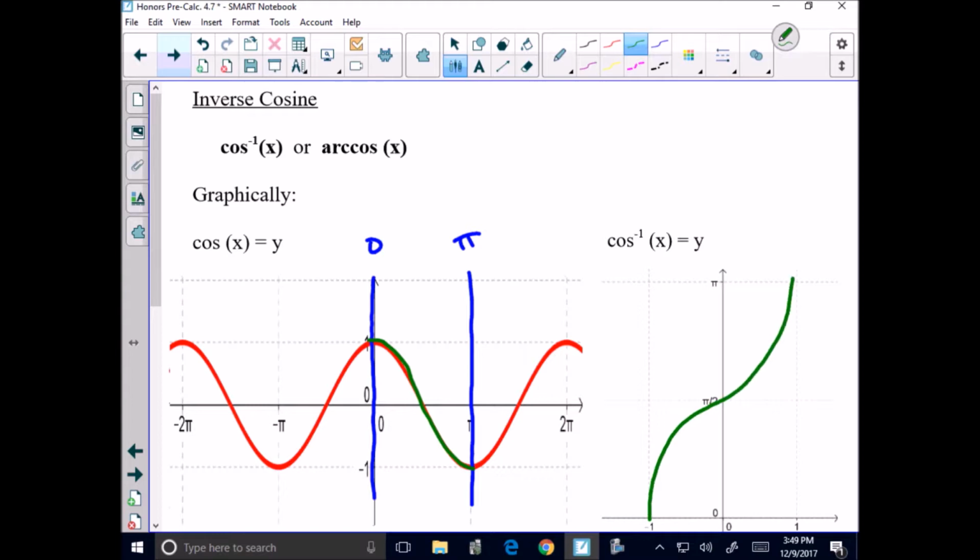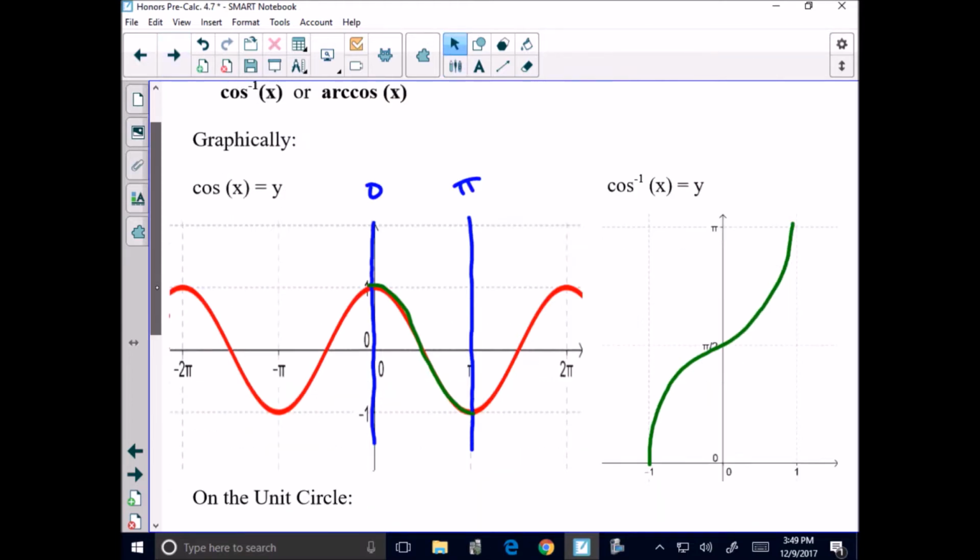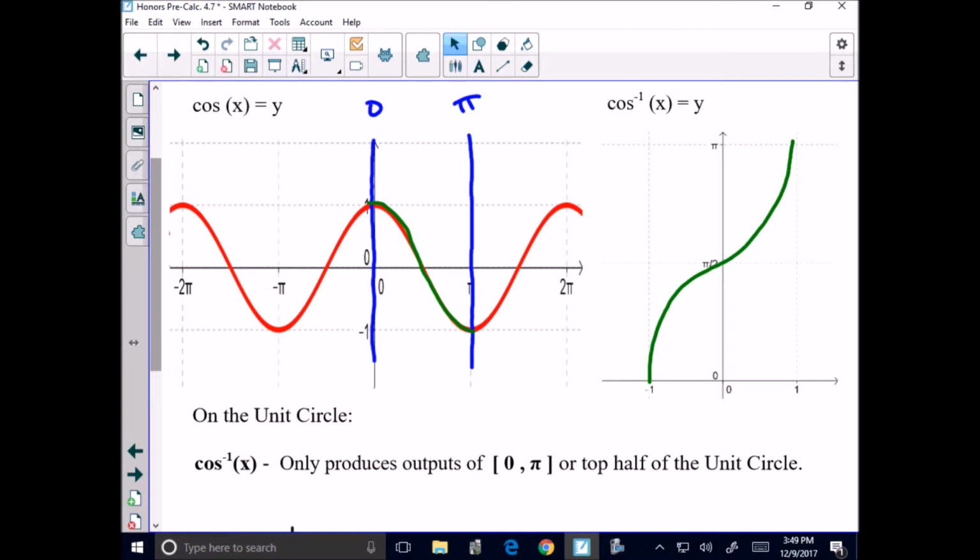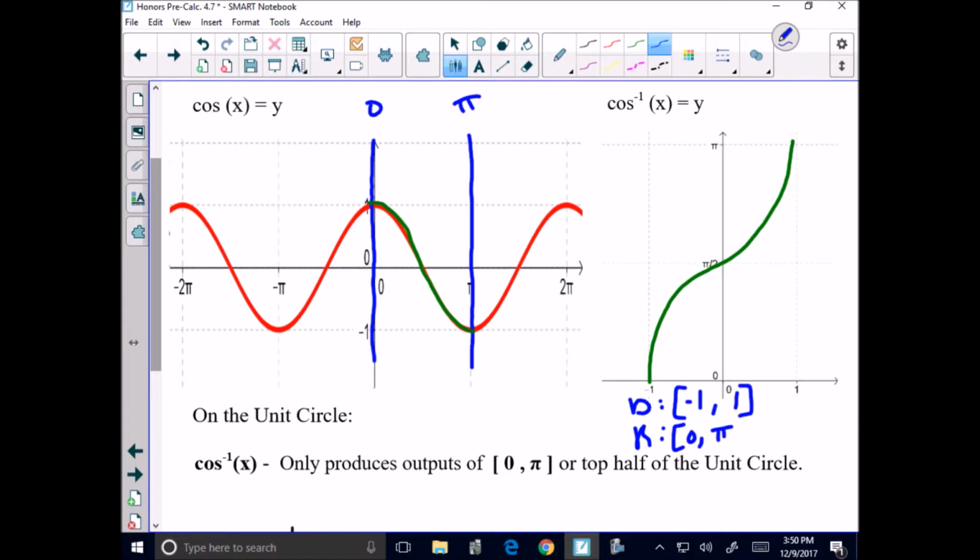And again, as a graph, it doesn't really help us, but we can visually identify the domain and the range pretty quickly. We would say that we are going to be evaluating x values from -1 to +1, right? And we are going to be assigning rotations from and including 0 to pi, right?